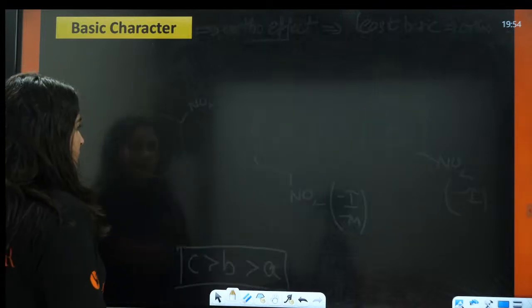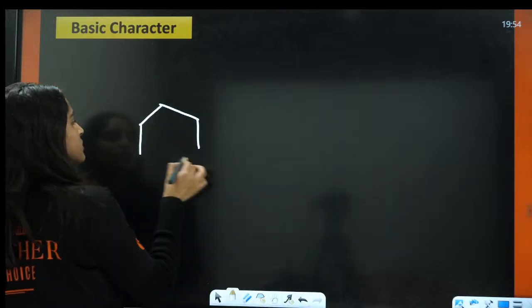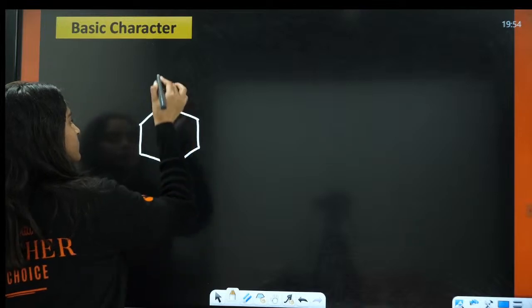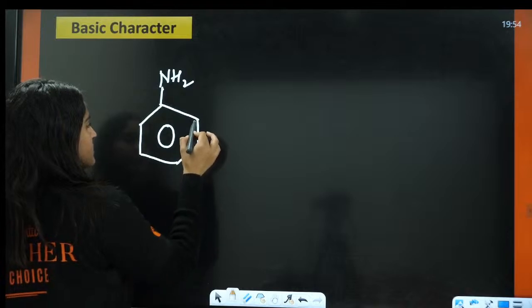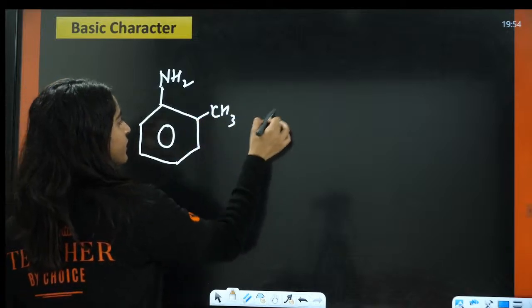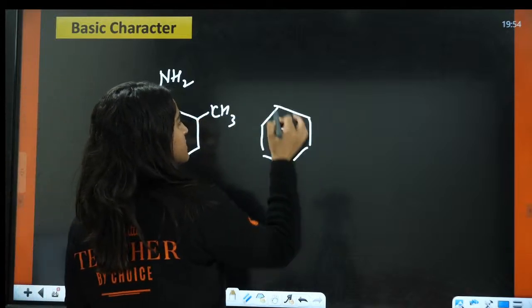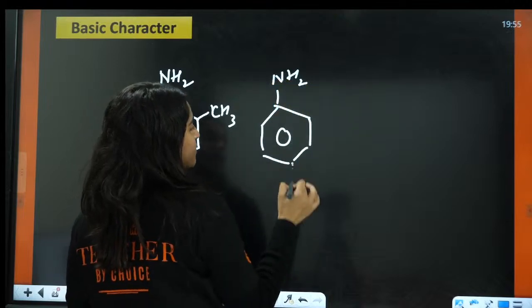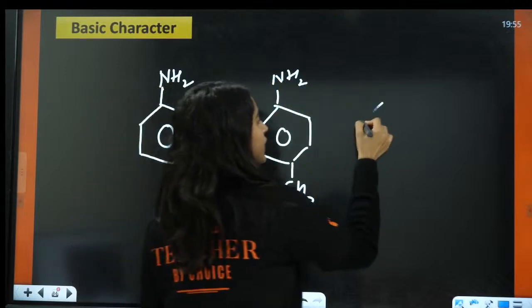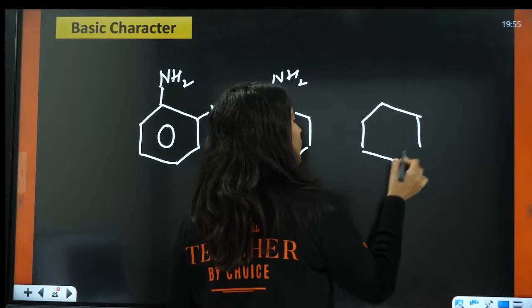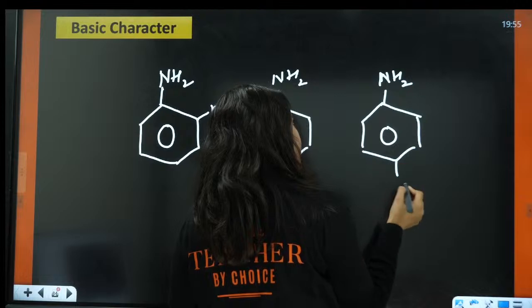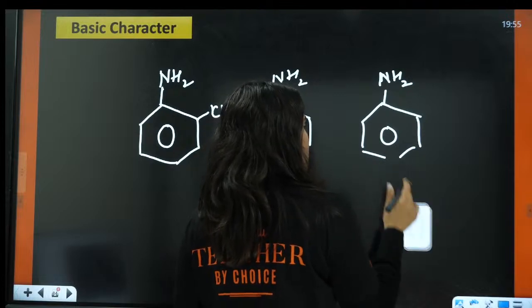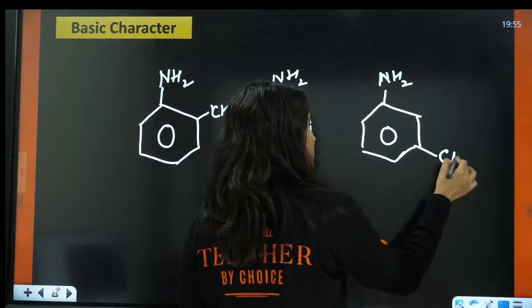Now, the last question of today's session. This is aniline. We have a CH3 at the ortho position, a CH3 at the para position, and a CH3 at the meta position.